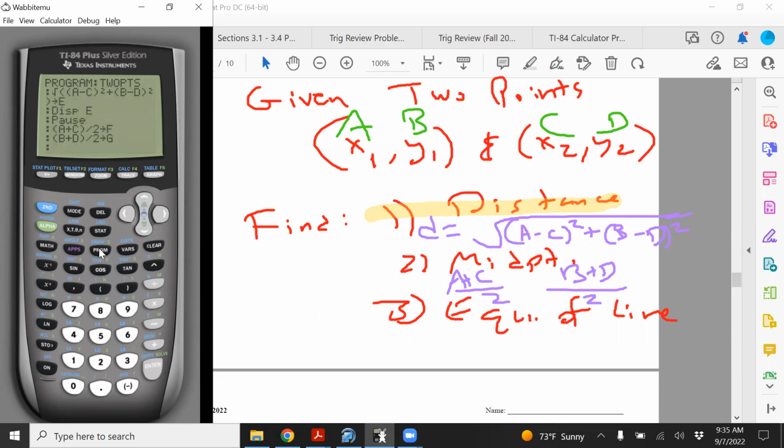I'm going to go program, display, and I'll probably do alpha F, comma alpha G. Okay. Yeah, sure. Let's do pause after that.